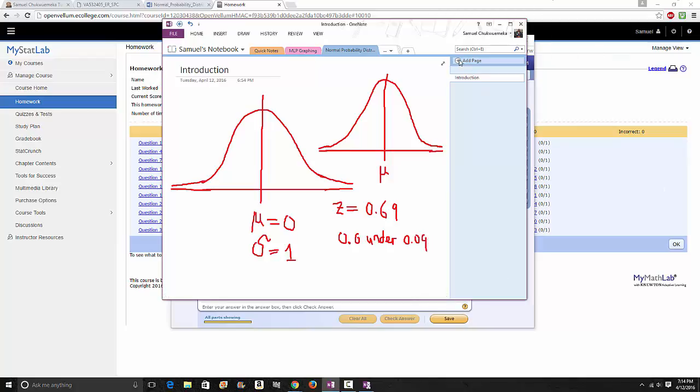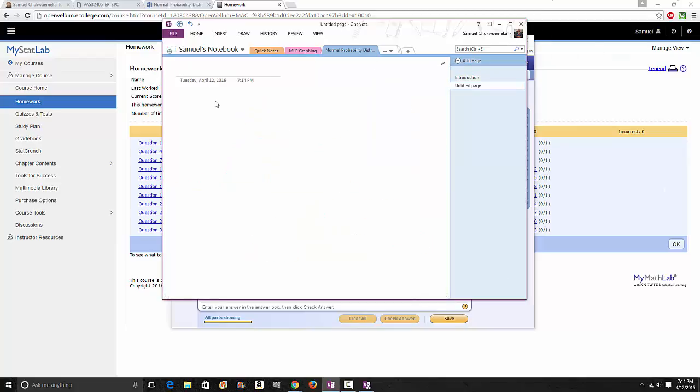Okay, let me just write this, finding areas under the standard normal curve.